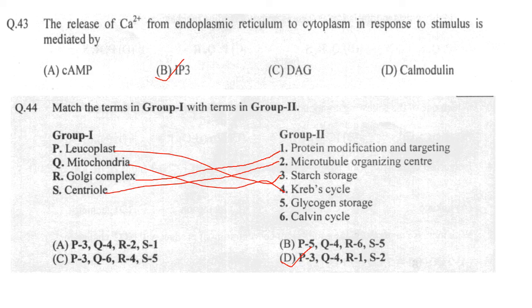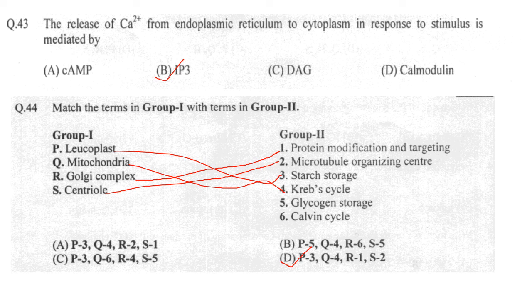Next one. The release of Ca2+ from endoplasmic reticulum to cytoplasm in response to stimulus is mediated by option A cAMP, B IP3, C DAG, D calmodulin. This is also a direct question coming from biosignaling. Okay. If you see Lehninger, they have given a very beautiful picture of this in Lehninger 4th edition.